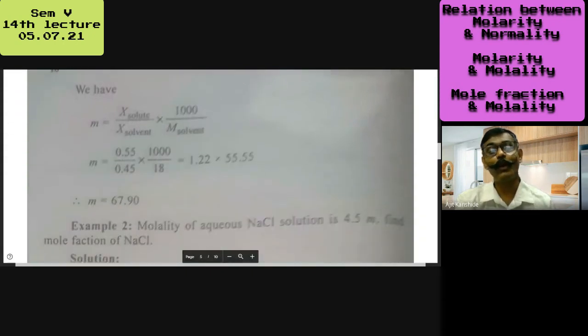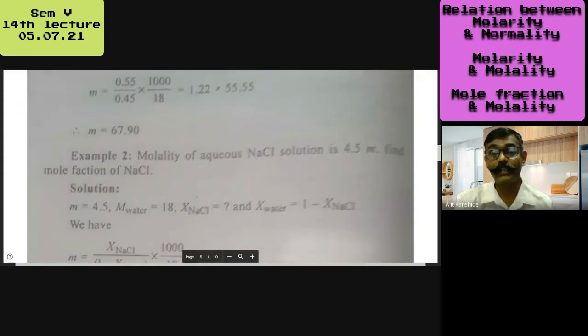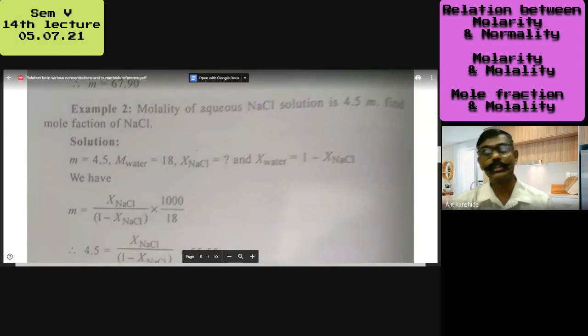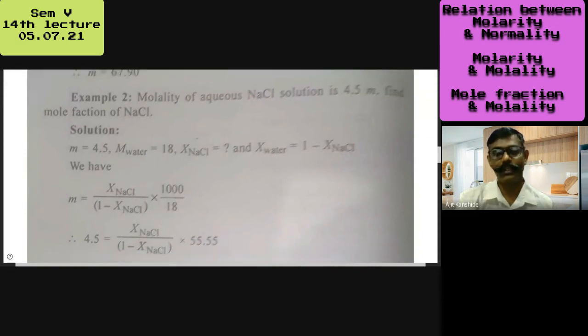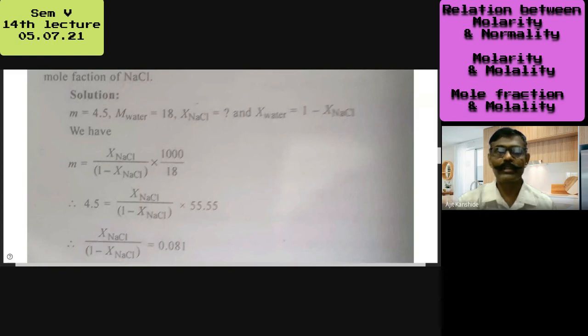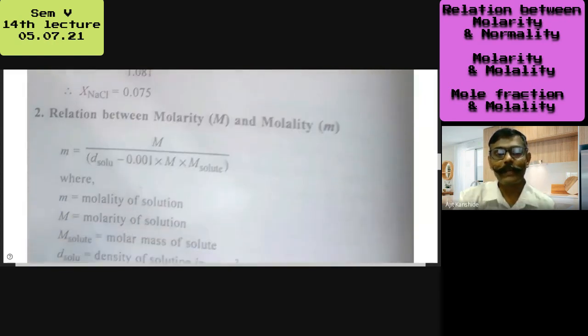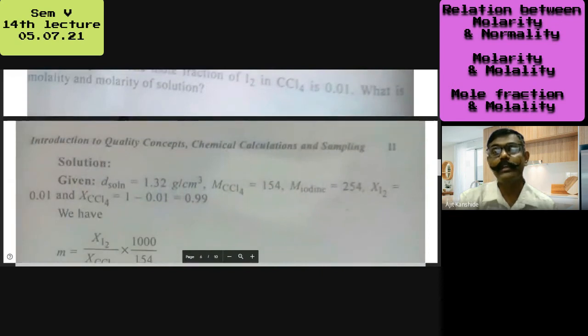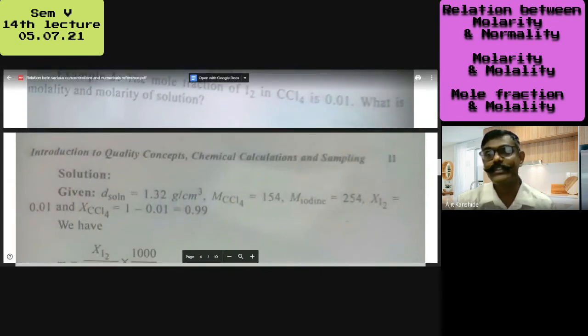In these two examples, they have given the molality for the solution, and the mole fractions are to be calculated. Solution means solute plus solvent. The second point is the relationship between molarity and molality, that's the second equation, and on that, numerical three is there. Here mole fraction is given and they have asked for molality. So mole fraction, molality, again relation number 1.